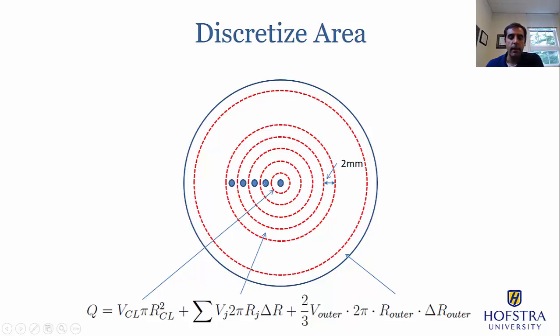Now, we're going to then do the next one. Well, the next one is going to be the same formula. That's why we have a summation here. It's going to be the local velocity we measure here times 2 pi rj times, again, delta r being 2 millimeters. And we're going to keep doing that until we get to one special case, which is the last point.